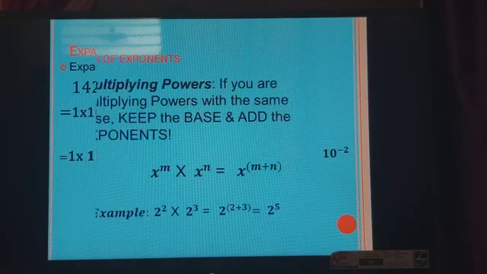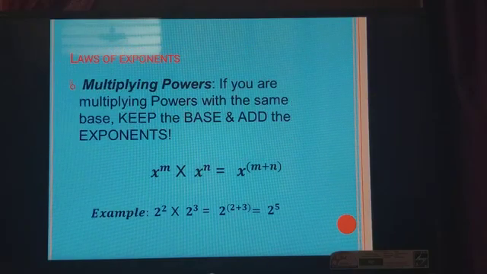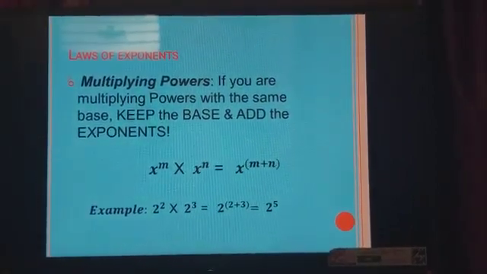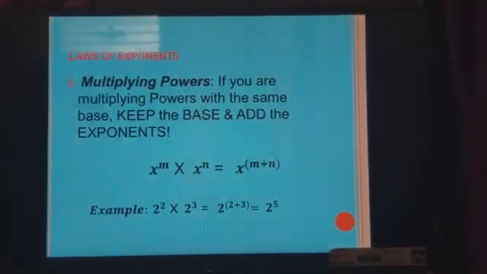Now again the laws of exponent: multiplying powers. It is very useful when we multiply powers with the same base and different exponents. We get the same base and add the exponents.